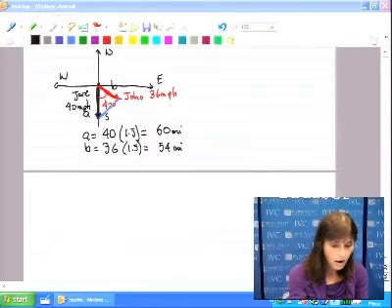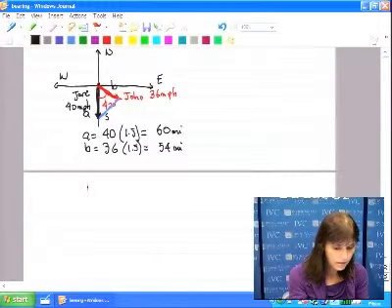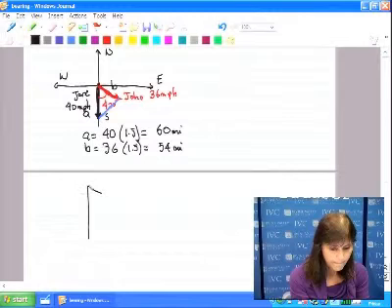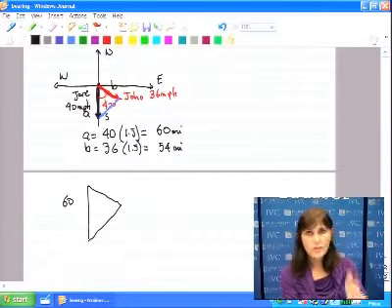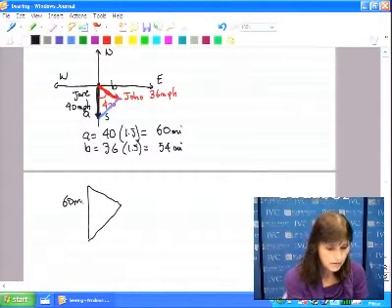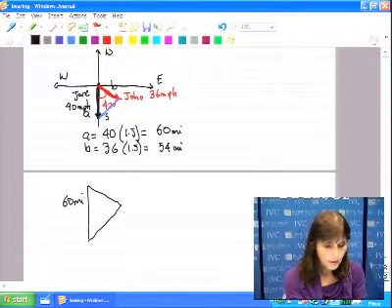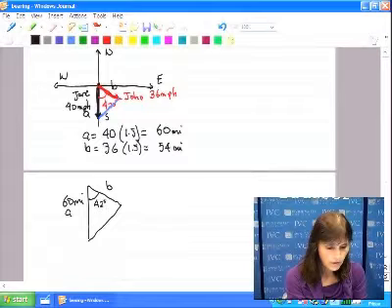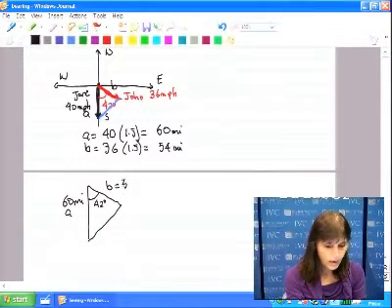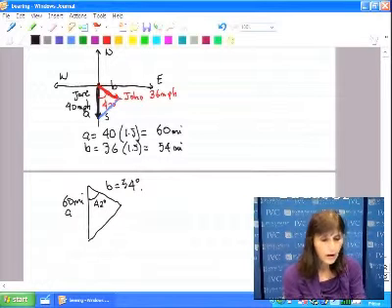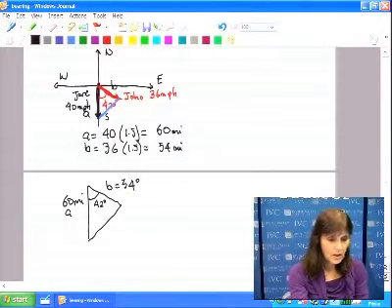Now I'm going to draw my triangle. Due south means straight south. 60 miles, so that's my A. This one is B, and this is 42 degrees. And B traveled for 54 miles. What kind of triangle is this?